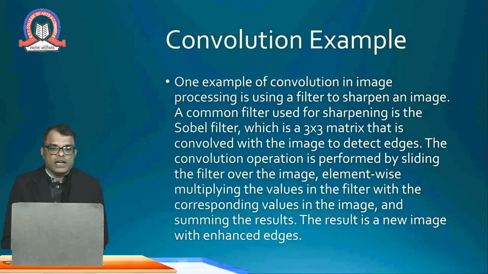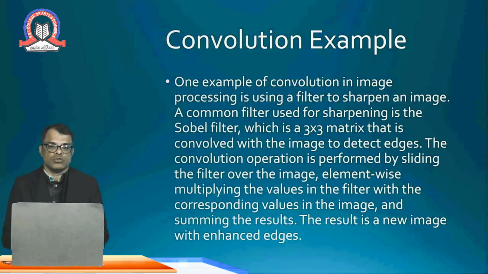A common filter used for sharpening is the Sobel filter, which is a 3x3 matrix that is convolved with the image to detect the edges. So basically you have one 3x3 matrix which is already defined, that you are going to convolve with your original image, and you get a new image.